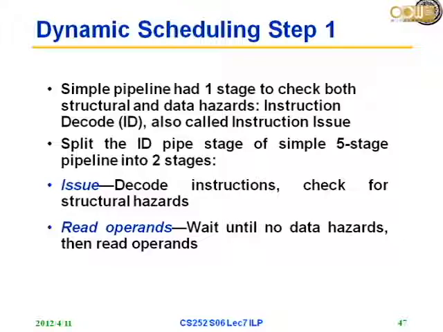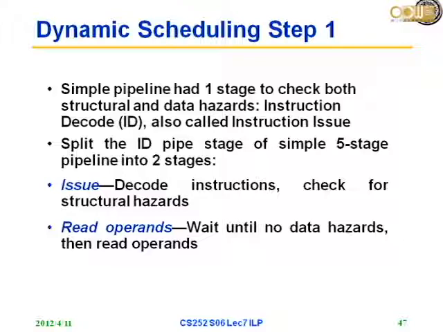In a simple in-order pipeline, we check both structural and data hazards in the decode stage. And this decode stage can be nicknamed the instruction issue stage. Okay, but if you want to do out of order issuing, then you need to have one extra stage.